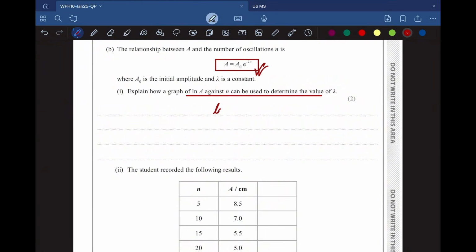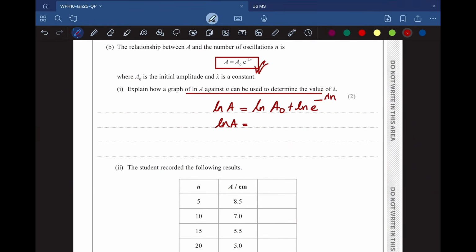So if you write ln A equals ln A naught plus ln e to the power of minus lambda n, we know ln e is nothing, it will go out, so it will become ln A equals ln A naught minus lambda n, right?